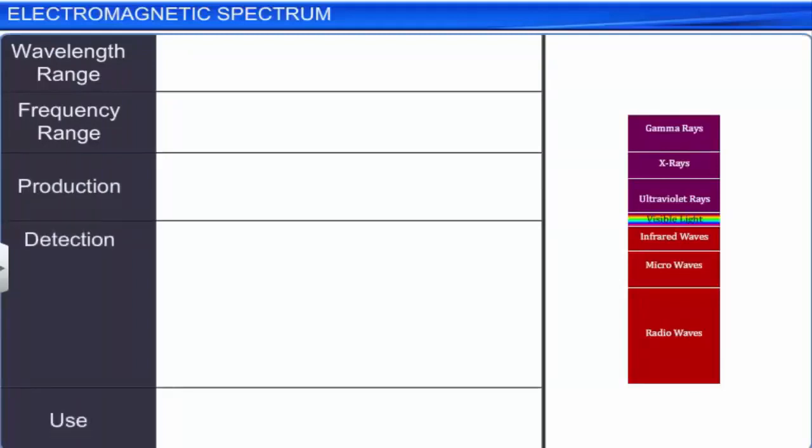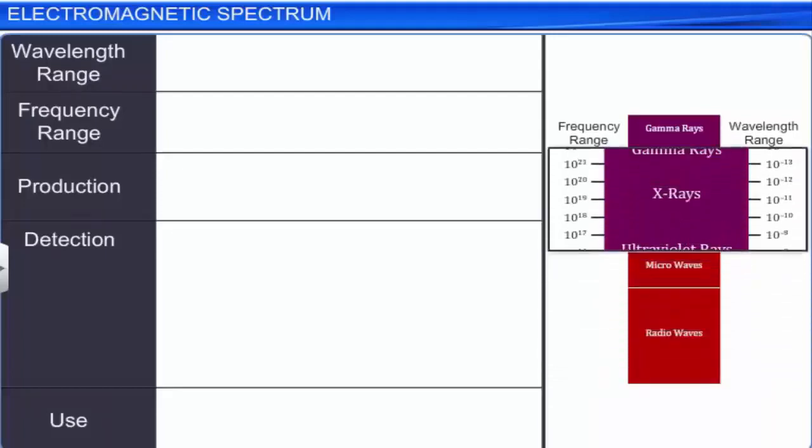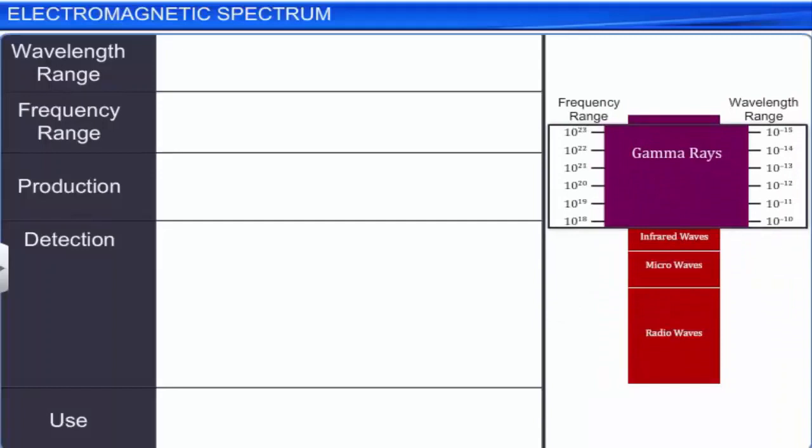First, we shall start with gamma rays, which have the minimum wavelength. In the electromagnetic spectrum, gamma rays have wavelength in the range of 10⁻¹⁴ meter to 10⁻¹⁰ meter.